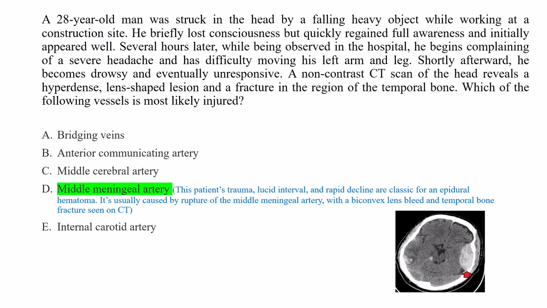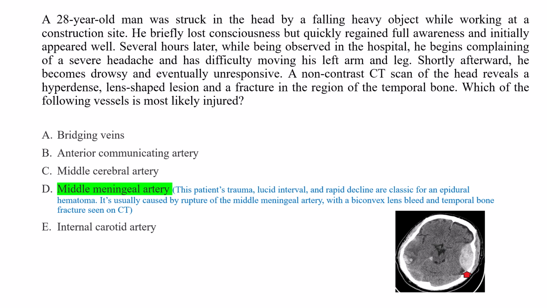The correct option here would be D because this patient experienced the lucid interval after traumatic head injury in which the patient is initially relatively asymptomatic and then begins to rapidly deteriorate several hours later.